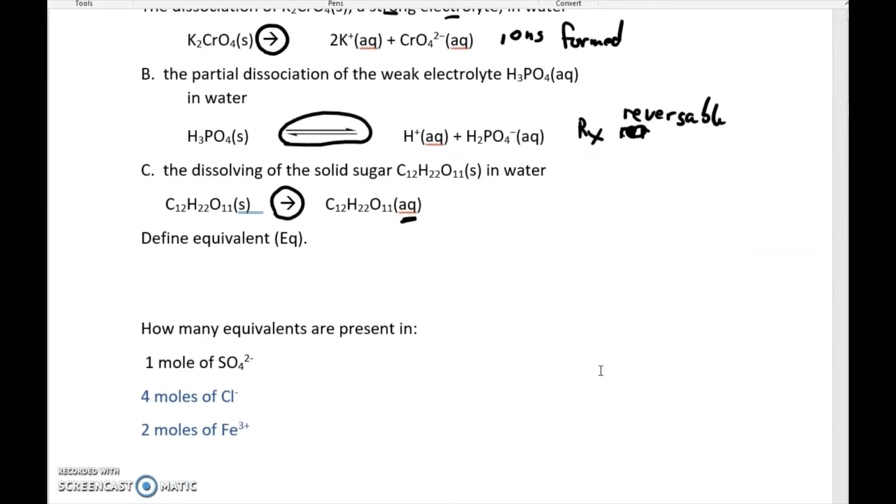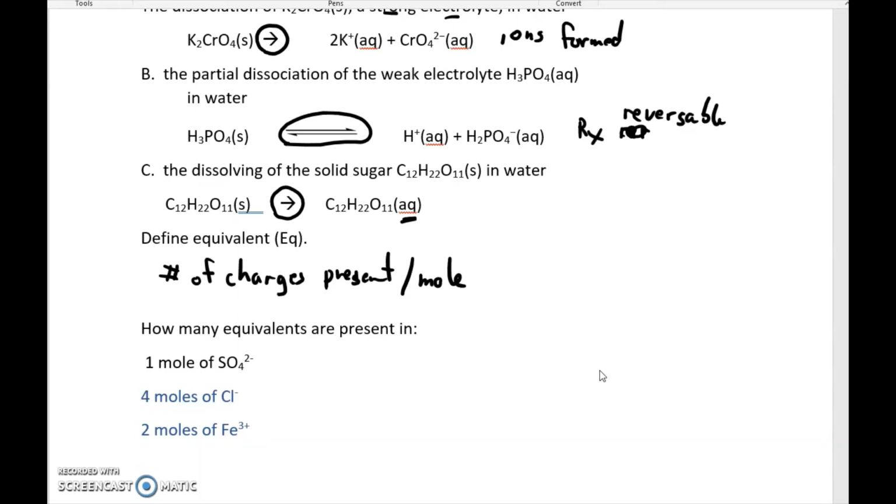When we're talking about electrolytes, we need to define the word equivalent. An equivalent is the number of charges present per mole. So, how many equivalents are present in 1 mole of sulfate?